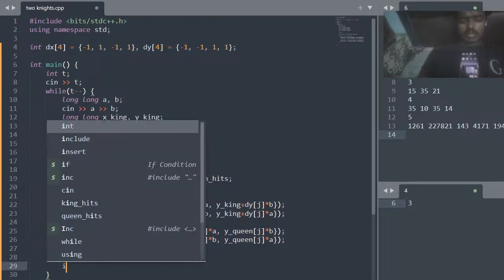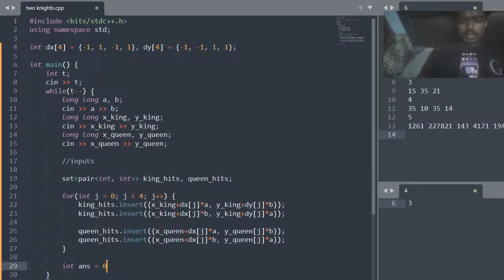So then we like to int answer is equal to 0, right? And then we like to do for positions, right? Like to position, so for loop लगा for auto position king slash sets, right? So like 8, right?